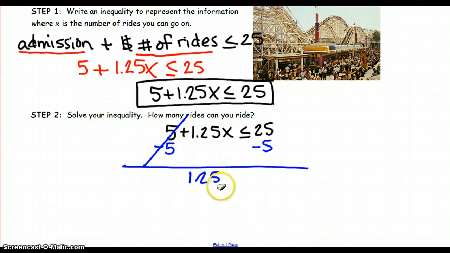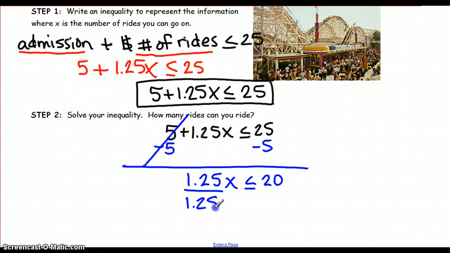Again, it kind of blended together. So here we go. $1.25x, which is less than or equal to 20. And the next step is to divide both sides by $1.25.